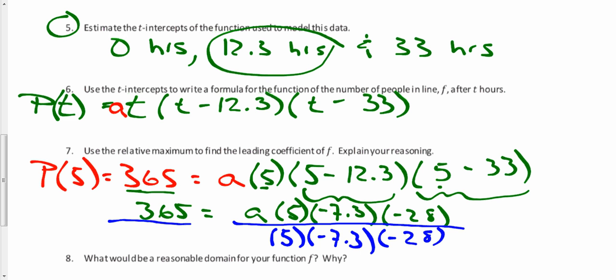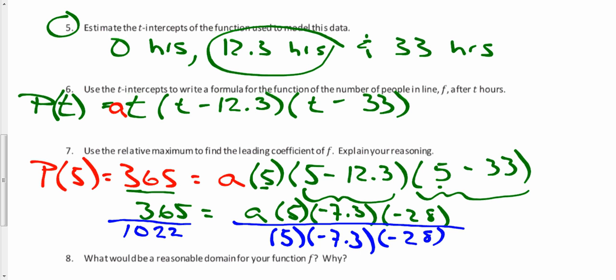What's 140 times 7? 1,022. 5 times 7.3 times 28. Okay. Why does negative 7.3 negative 28? Okay.